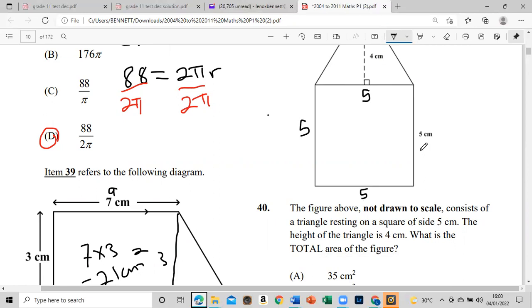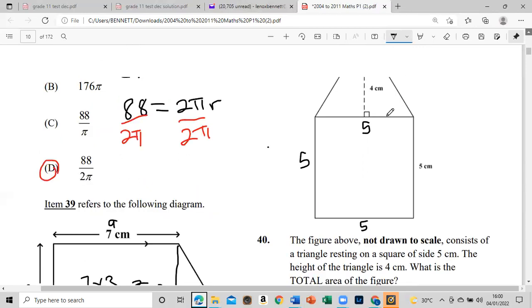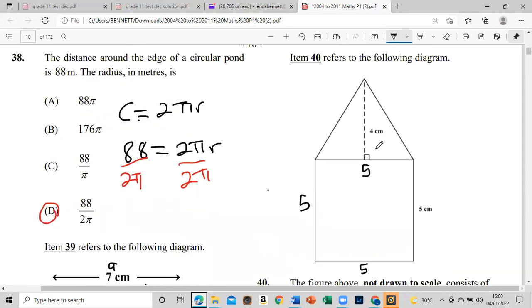Alright, so this gives us very easy. The triangle would be 5 times 4, so that's 20. And this would give us 25. That should be 45. If we were to split this, guys, this would be what? 2.5.